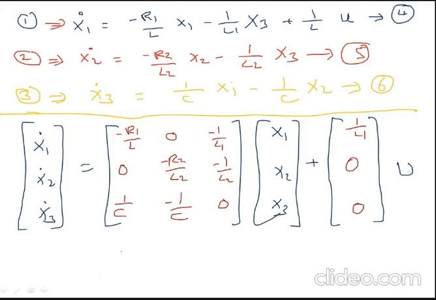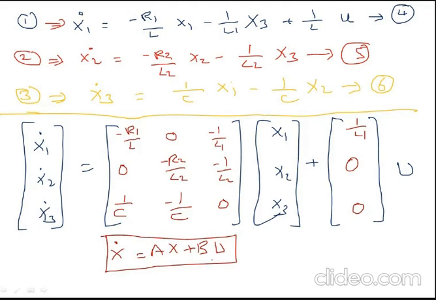Hence I can write x dot is equal to Ax plus Bu, which is the representation for such a given system, where A is equal to this matrix and B is equal to this matrix.